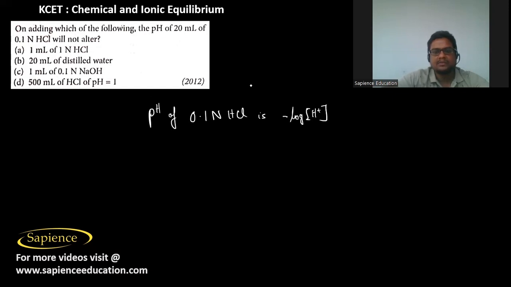The concentration of H plus will be 0.1 molar only, since 1 mole of HCl will give 1 mole of H plus ion only. That will be minus log of 10 power minus 1, which is equal to 1.